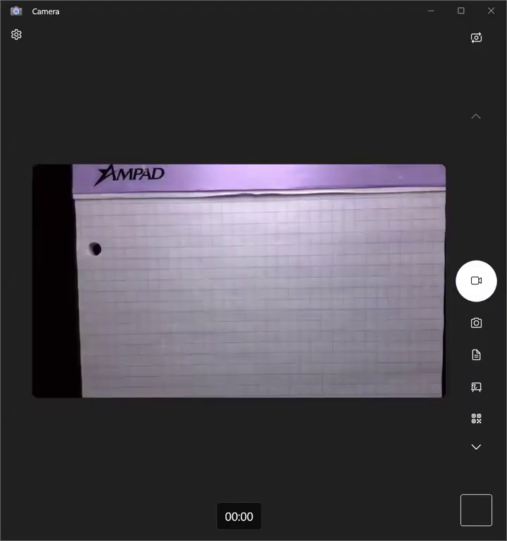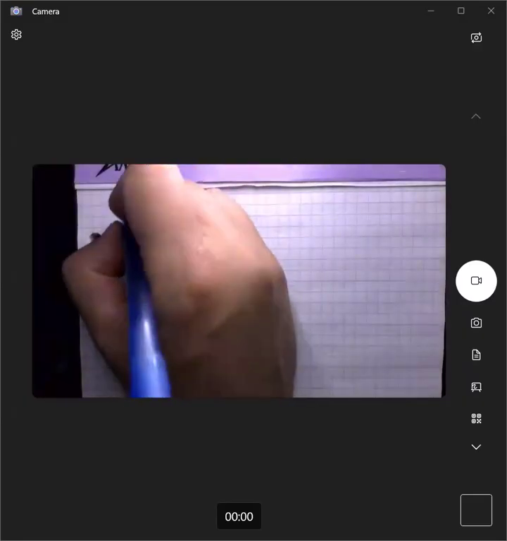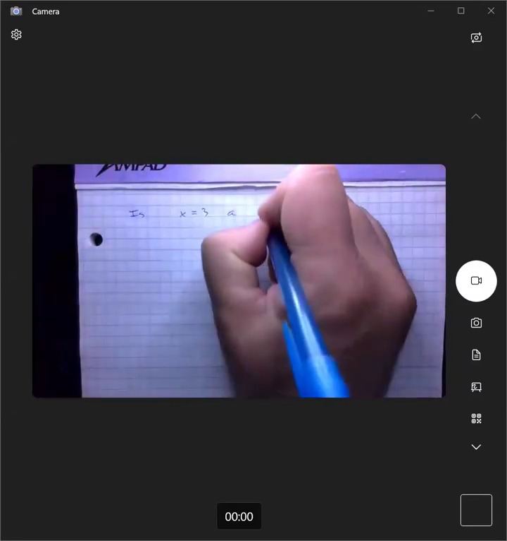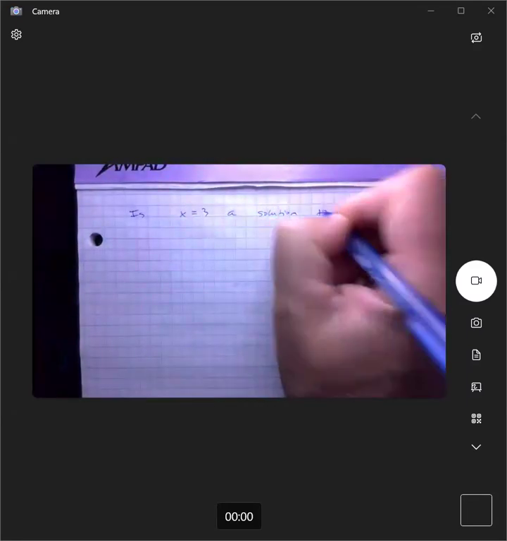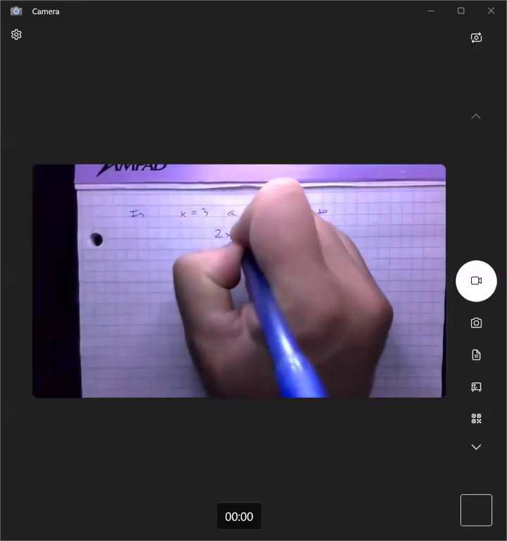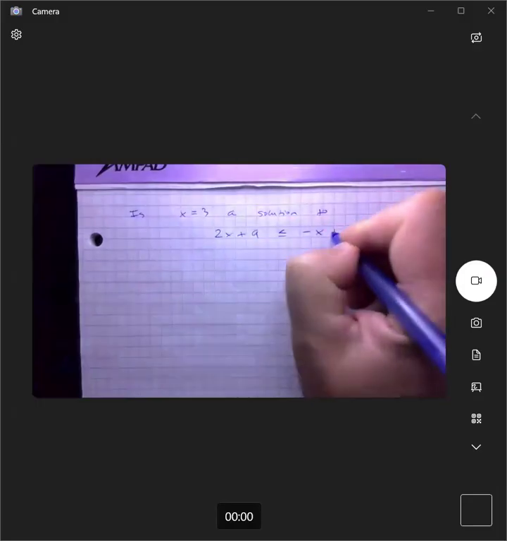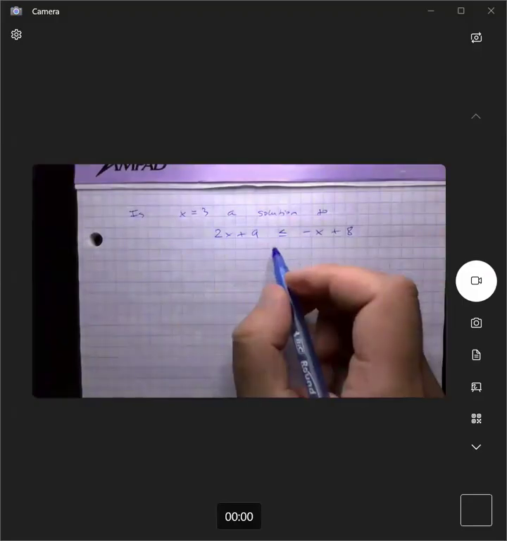And let's just do an example where we check some other inequalities. Is x equals 3 a solution to the inequality 2x plus 9 is less than or equal to negative x plus 8? I don't know if it's a solution yet. I just made this up. So let's figure it out.